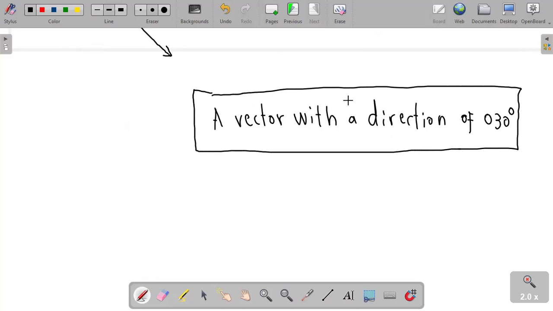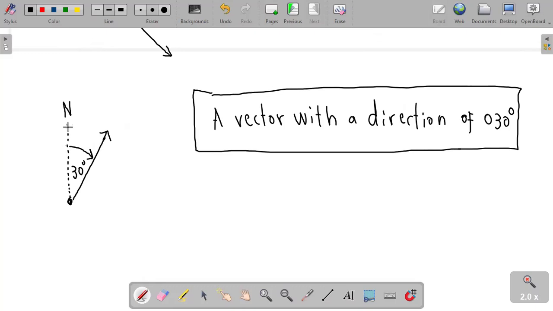So we start from the north. The north is here, and the tail of that vector would be here. Then it would go to the right, clockwise, and you would have 30 degrees here. It would be a clockwise rotation moving from the north.